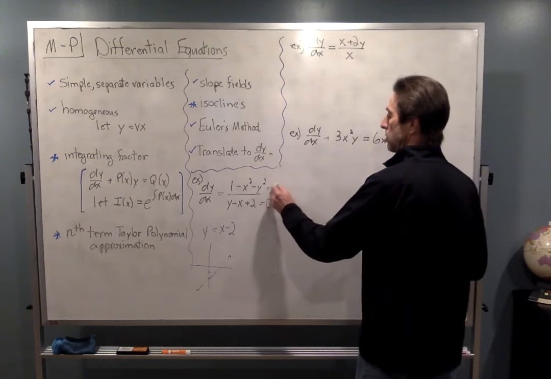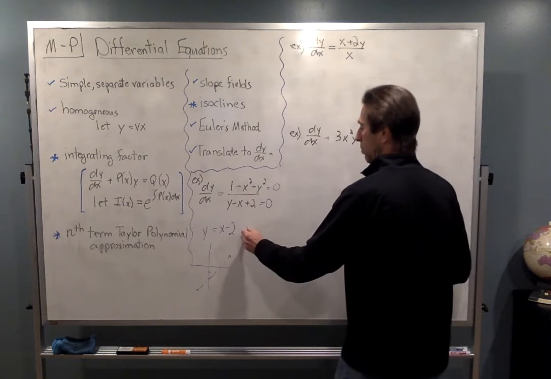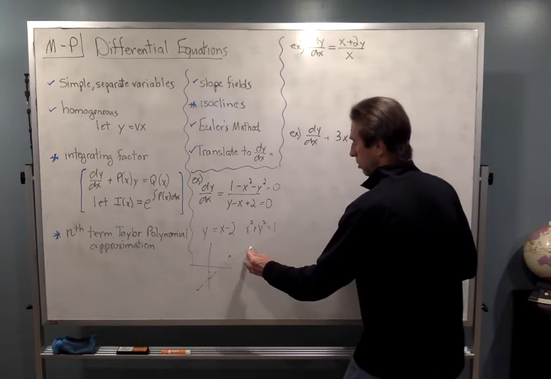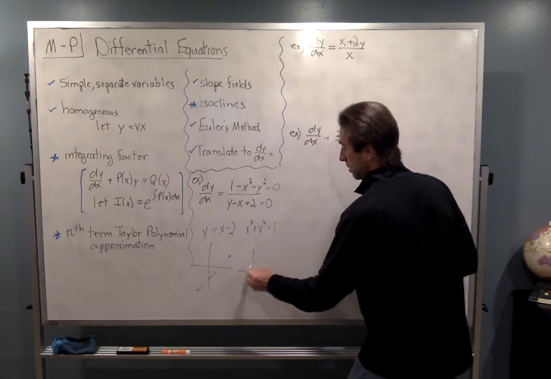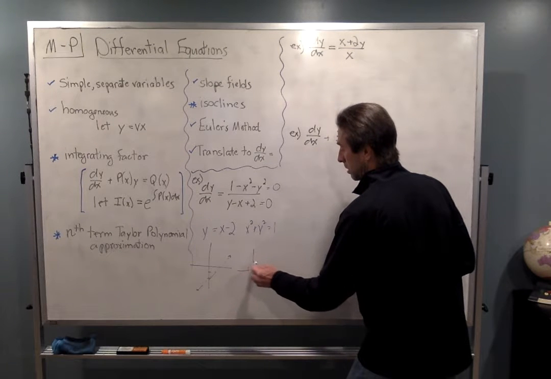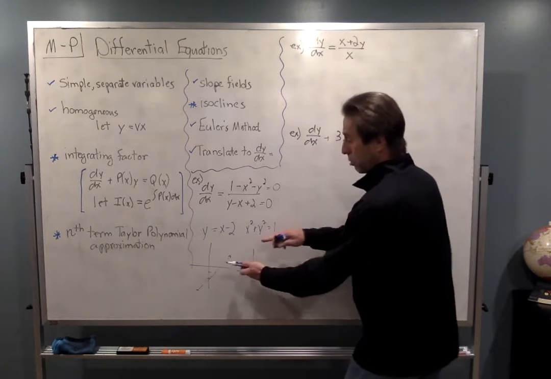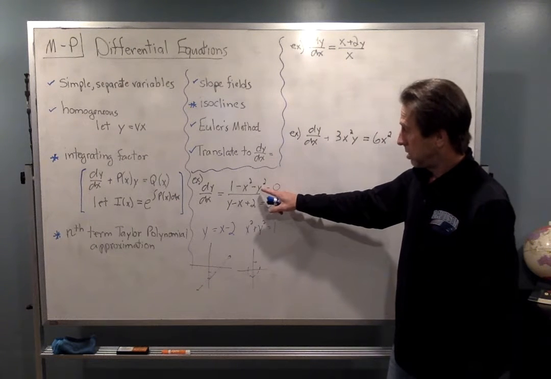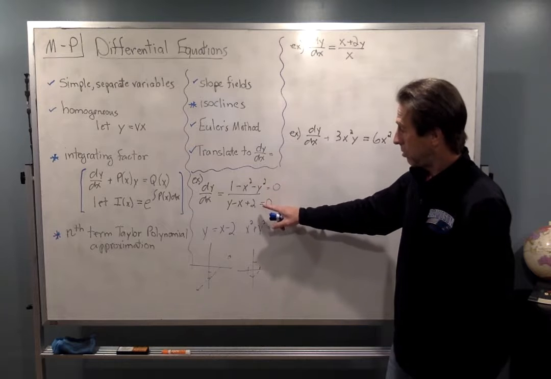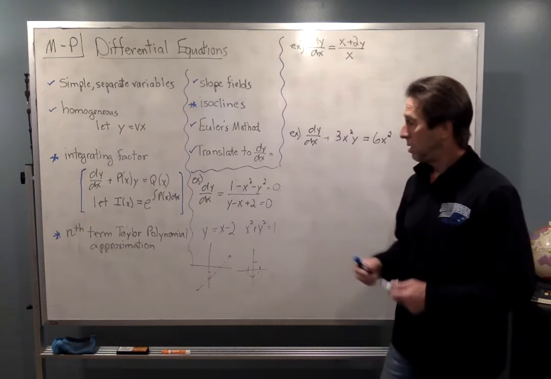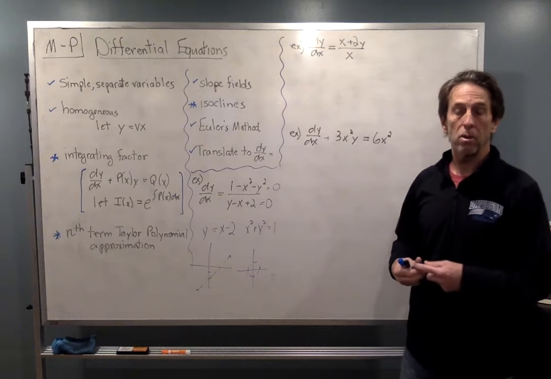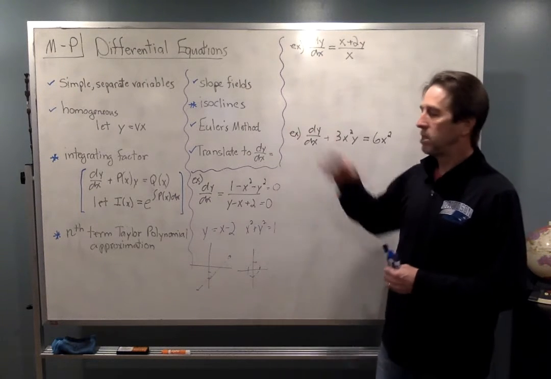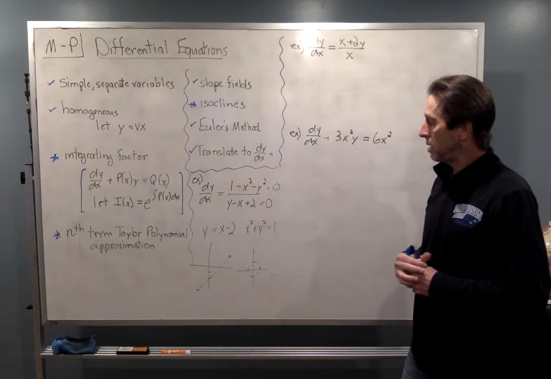Likewise, if this happened to be 0, we'd have x squared plus y squared equals 1, which we know is a circle centered at the origin. So if we had the slope field superimposed on both of these, this would be the isocline for the 0. The line would be when it's undefined. And there could be others. So that's something, it's kind of minor, but it is a word that's not hard to understand.